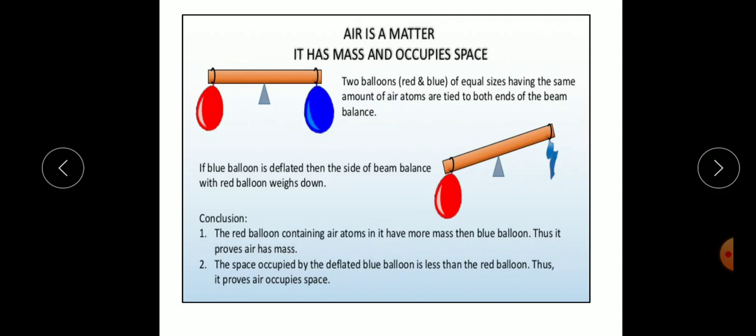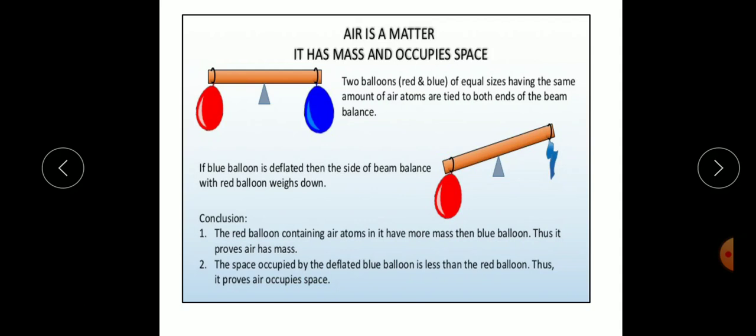Now if the blue balloon is deflated, then the side of the beam balance with the red balloon goes down. You see that the two balloons do not touch any object around them.